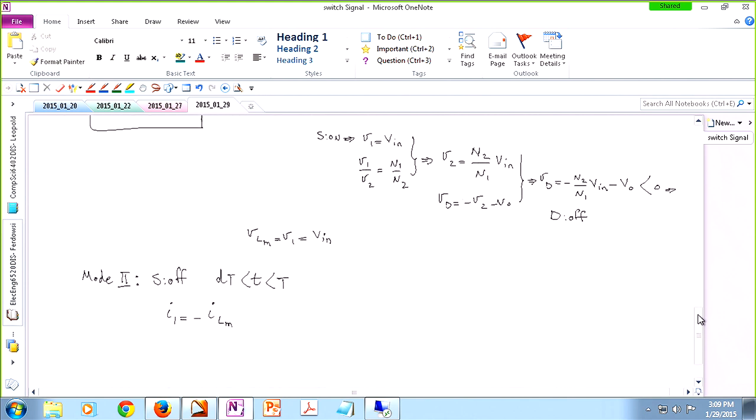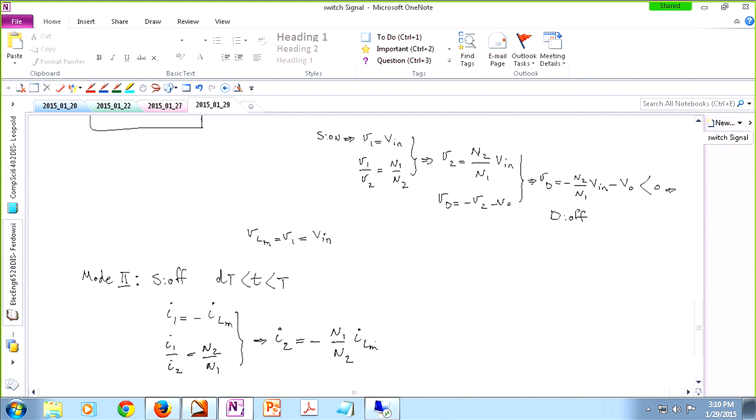So I1 is the opposite of ILM, and remember, I1 over I2 is the same as N2 over N1 for the ideal transformer. So we can find I2 to be negative N1 over N2 times ILM.